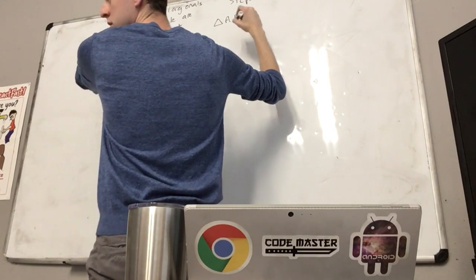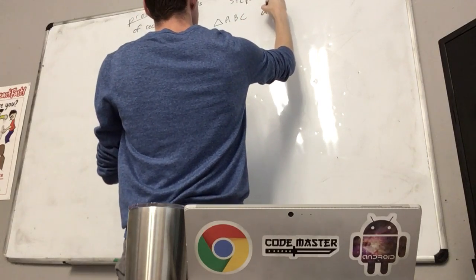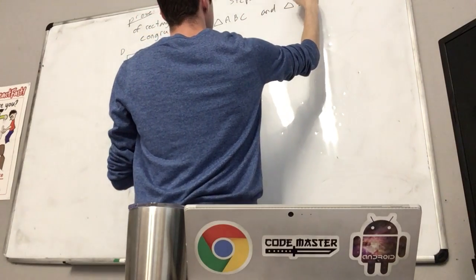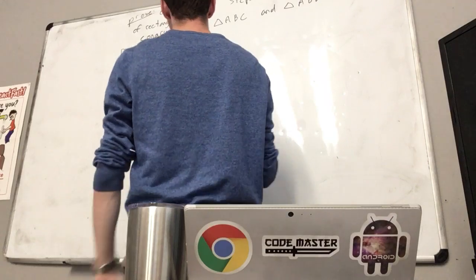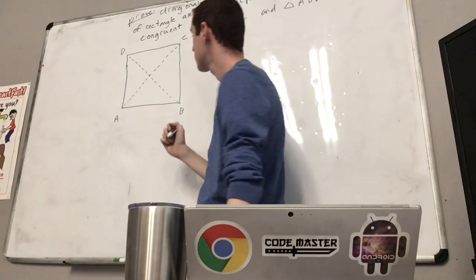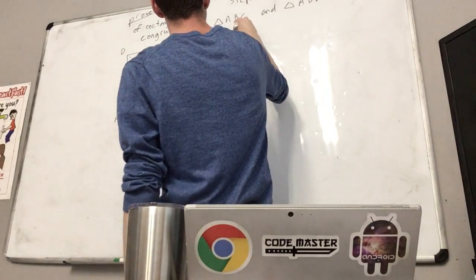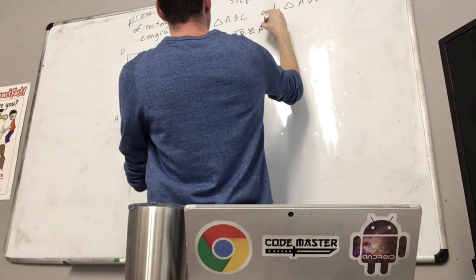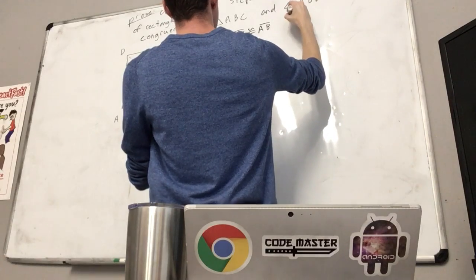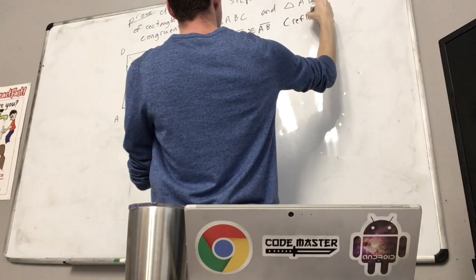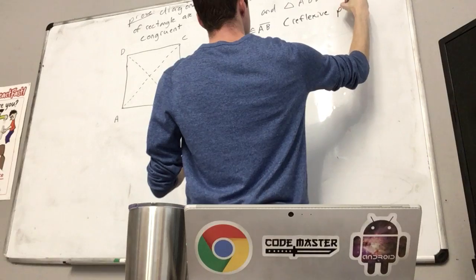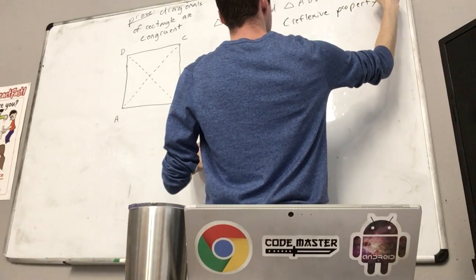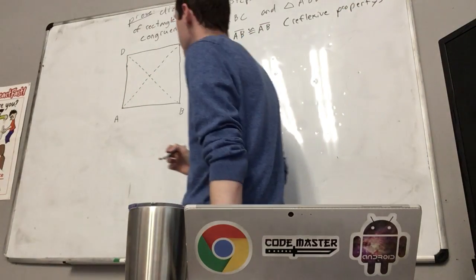Is that right? Okay. And they share AB, and use a structure property. ABC is AB. Okay. And then I like it.